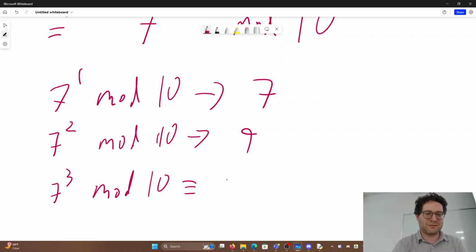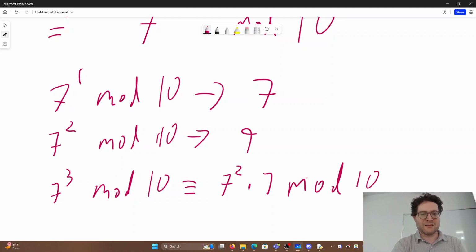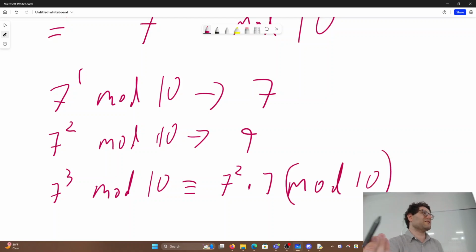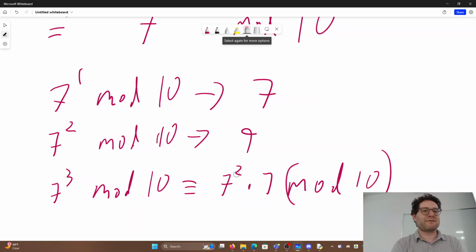It's congruent to 7 squared times 7 mod 10. And remember the substitution rule. We can substitute anything we know anytime we want to. We know what 7 squared is, it's 9.